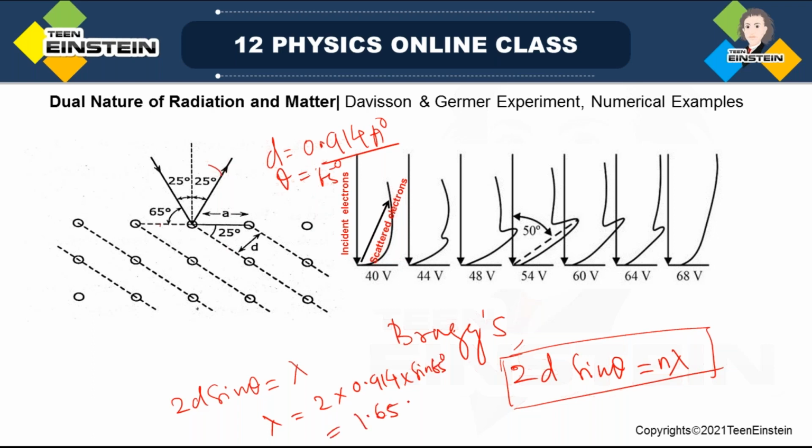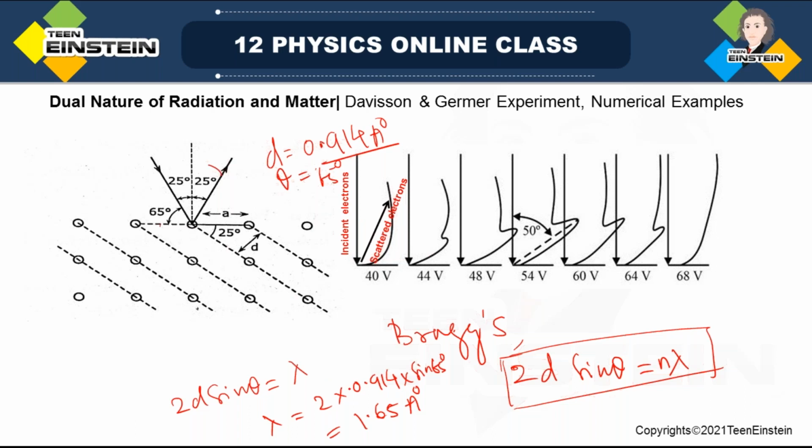So you will get something like 1.65 angstrom wavelength from this Bragg condition. Bragg condition for electron diffraction in a nickel crystal. So we can find out the wavelength from this diffraction experiment.